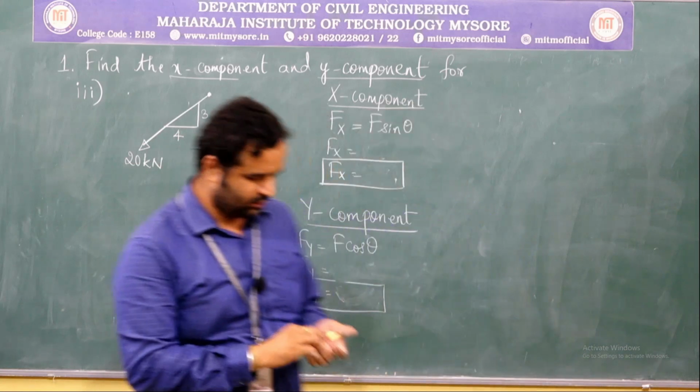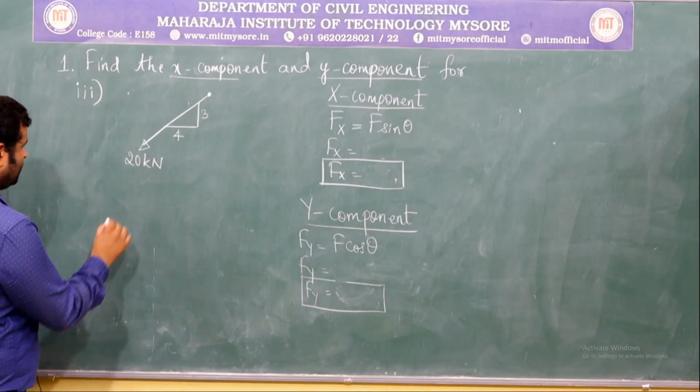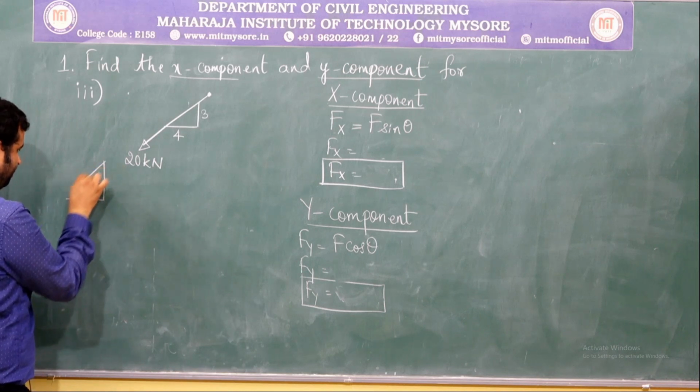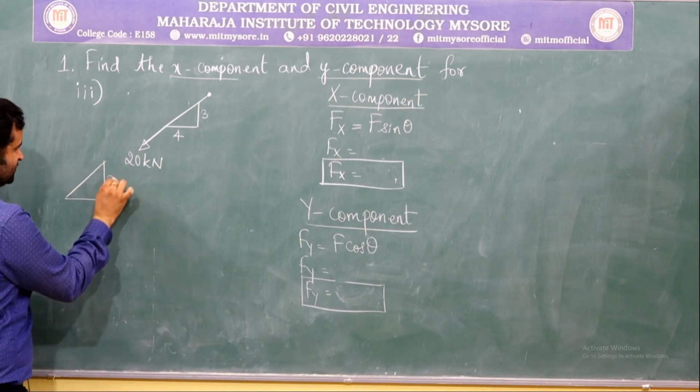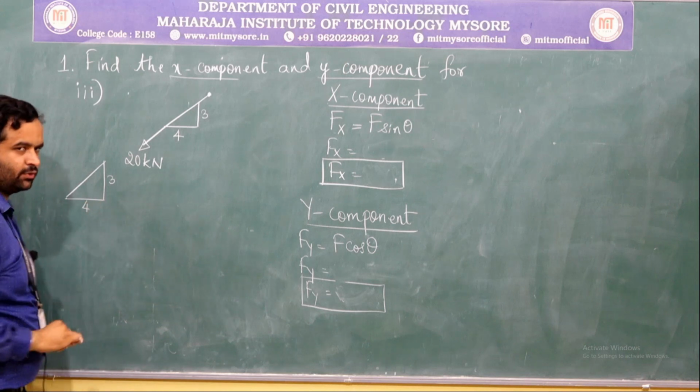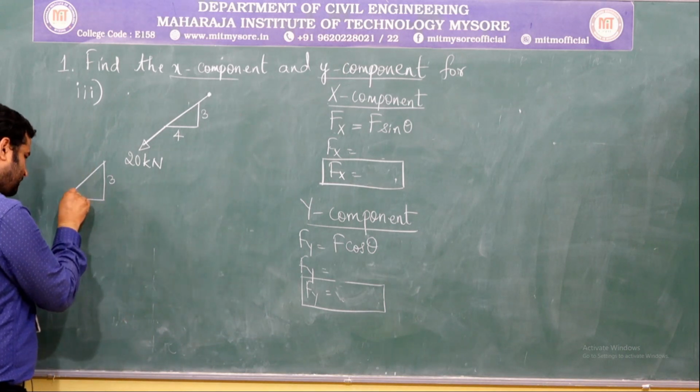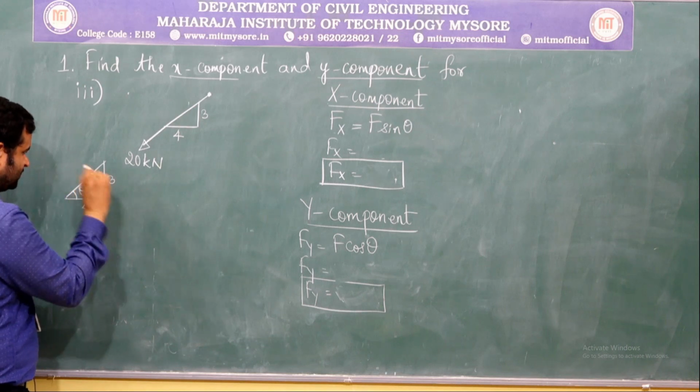Okay. So, let me consider this right angle triangle. This is 3 units, this is 4 units. This shall be the angle of inclination theta.